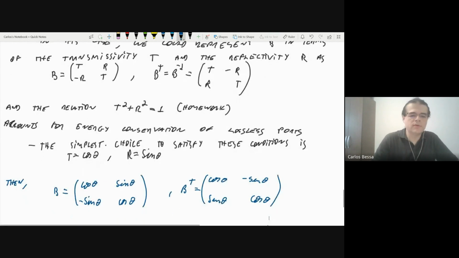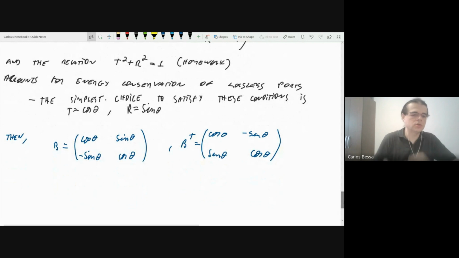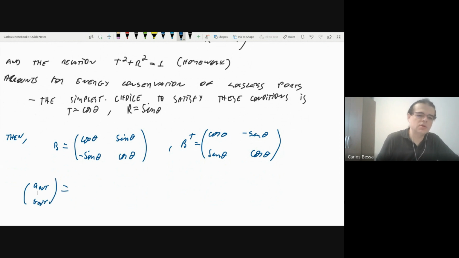So we would have, just to be in accordance with Nielsen-Schwenk, A out, B out is this cap B: cosine, sine, minus sine, cosine, times A in, B in.